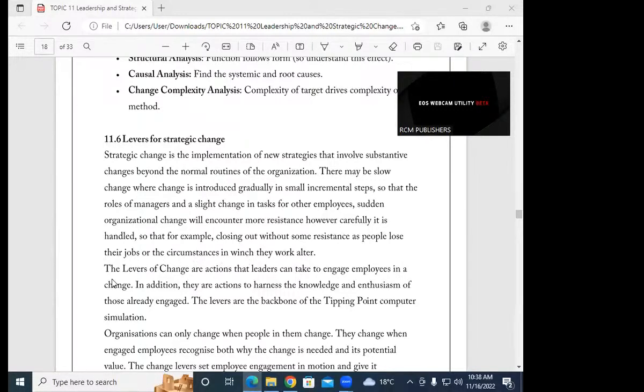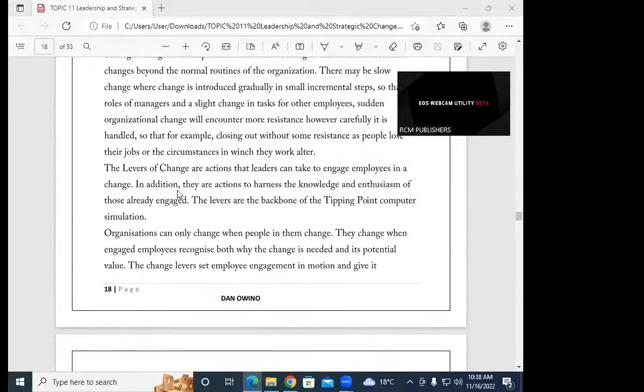alter. So levers of change are actions that leaders can take to engage employees in change. In addition, they are actions to harness the knowledge and enthusiasm of those already engaged.